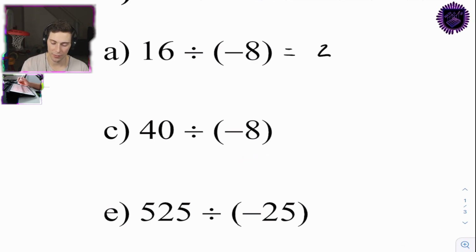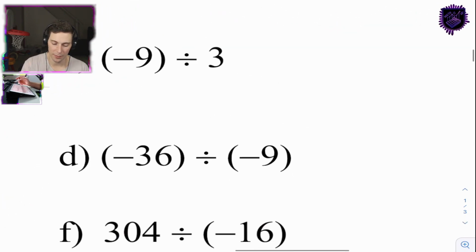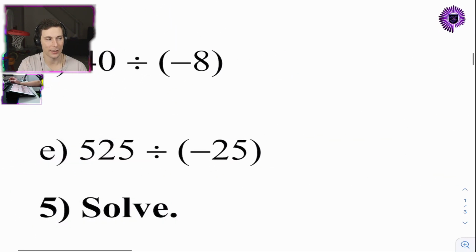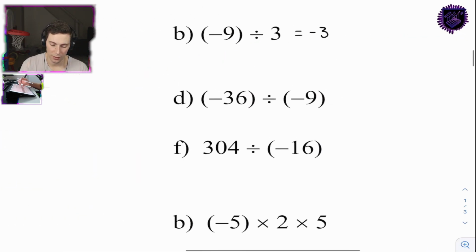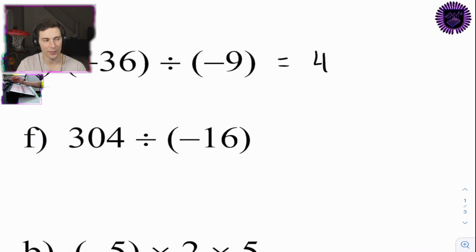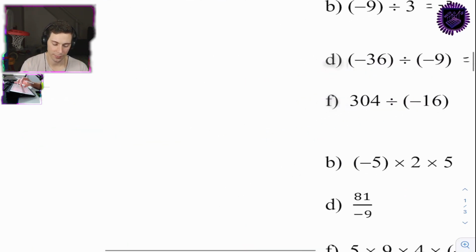It is a positive divided by negative, so my answer is negative 2. 9 divided by 3 will be 3, and it's a negative divided by positive, so it's negative 3. 40 divided by negative 8 is going to be 5, and it's negative, so negative 5. D, 36 divided by 9 is going to equal 4, and it's negative divided by negative, so it'll be positive 4.